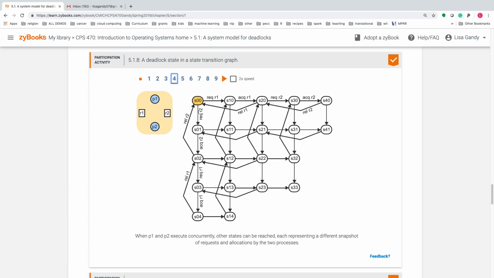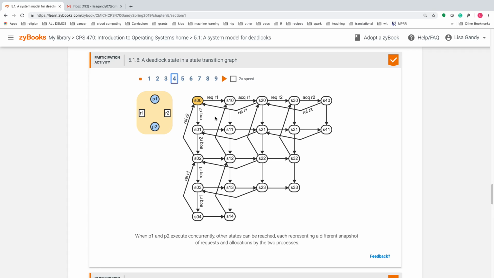Okay, all of these arrows here are all for P2 requesting R2. And all of these arrows are request R1, acquire, request R2, acquire for P1. They just don't write everything because it would be really hard to see all the arrows.